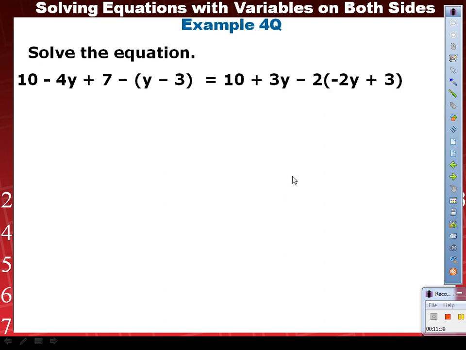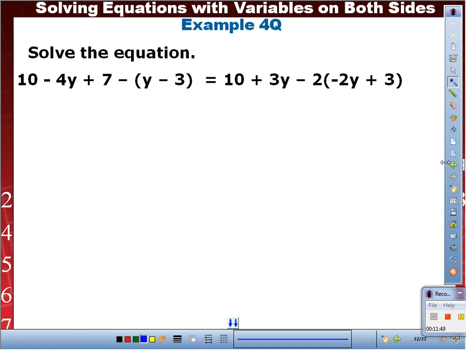Copy this one. 10 minus 4y plus 7 minus parentheses y minus 3 close parentheses equals 10 plus 3y minus 2 close parentheses minus 2y plus 3 close parentheses. Only writing down the equal sign, let me help you out.